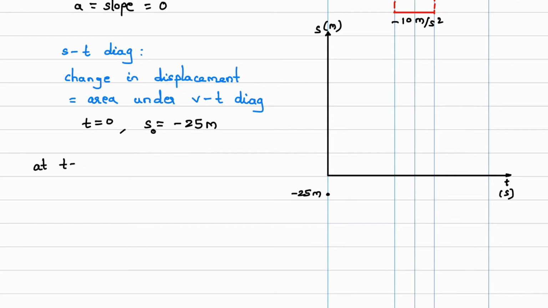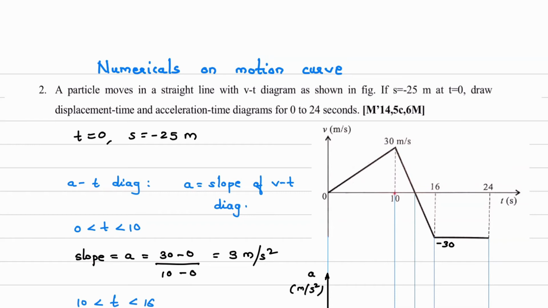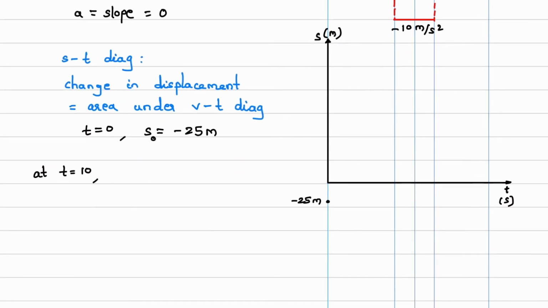At T is equal to 10, what is the change in displacement? We'll see the diagram. Okay, what will be change in displacement? It will be S10 minus S0 is equal to area of this VT diagram. What will be this area? It will be half into base is 10 and height is 30. So here we will write S10 minus S0 is equal to half into base is 10 and height is 30.